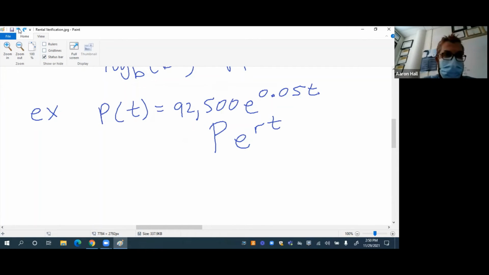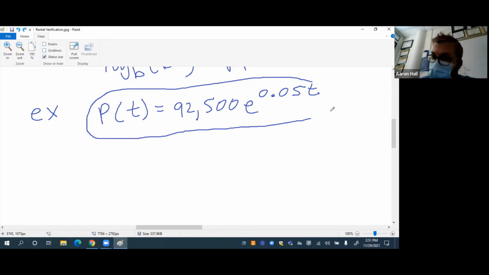I'm just going to go ahead and get rid of this part here unless you want it. So this is an equation that represents the population growth per year of a city.